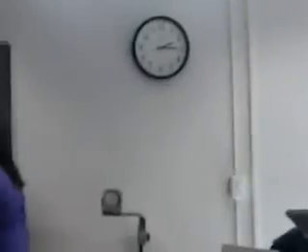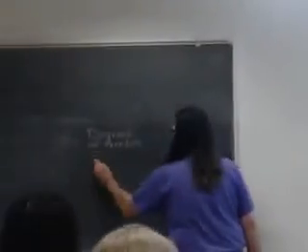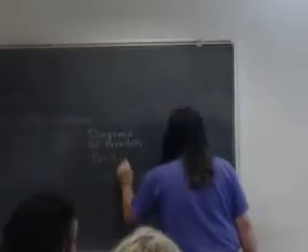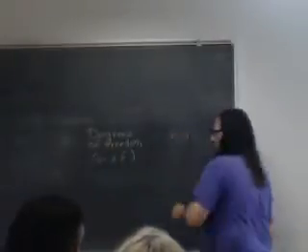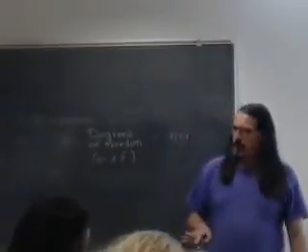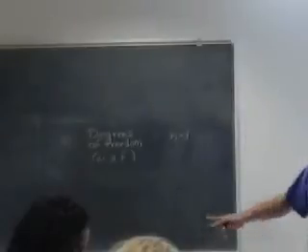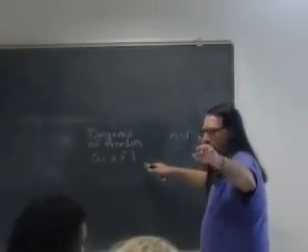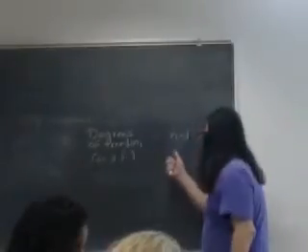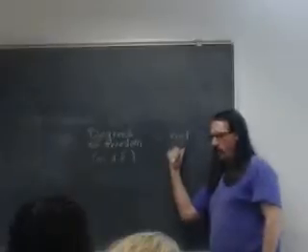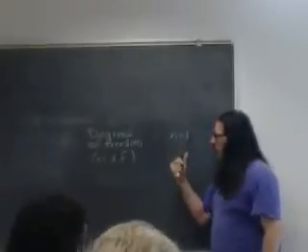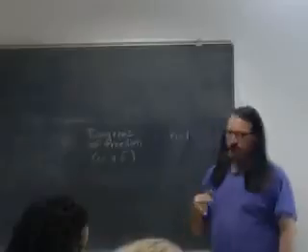Do you remember what it was? N minus 1. In a sample, there's some missing information. We don't have the entire population. So we're subtracting this by 1, and that gives us something called degrees of freedom.